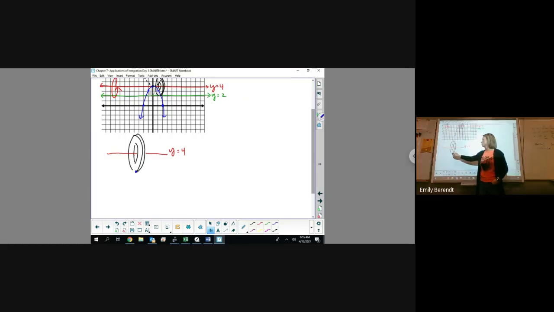So we want the green, which was y equals 2. And then the inner portion of the radius is touching the blue line, which was negative x squared plus 4.